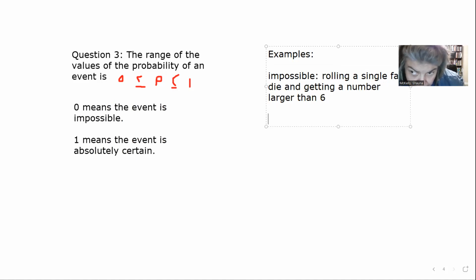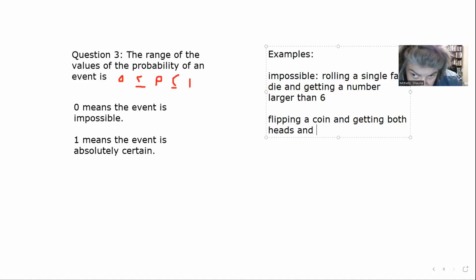Okay, another impossible event, flipping a coin and getting both heads and tails. This is impossible. You can't have both at the same time. Here's another example of an impossible event.